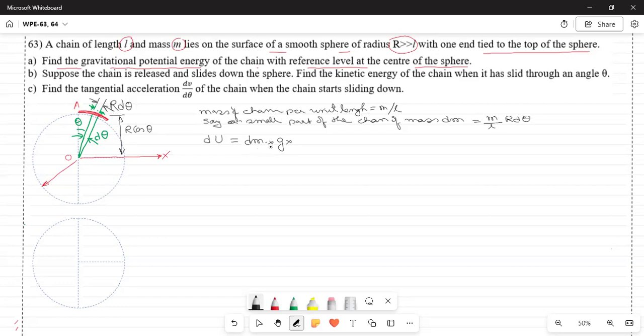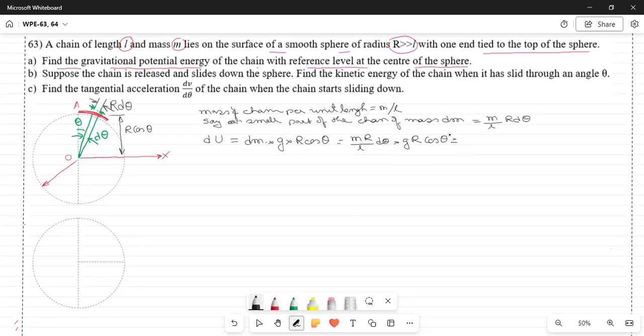So dm g r cos theta. Now we put the value of dm. dm is m by L r d theta. So it is m r by L d theta multiplied by g r cos theta.